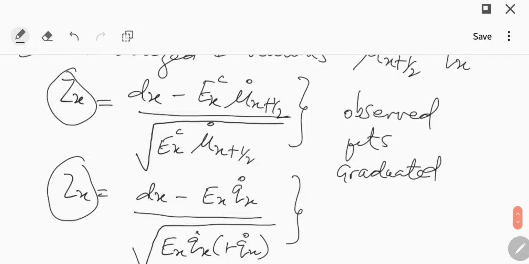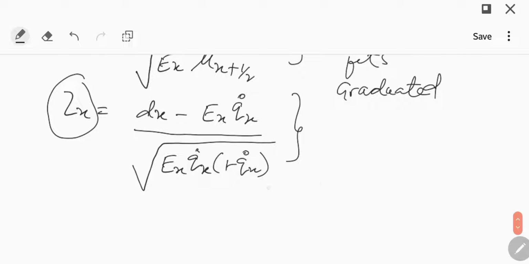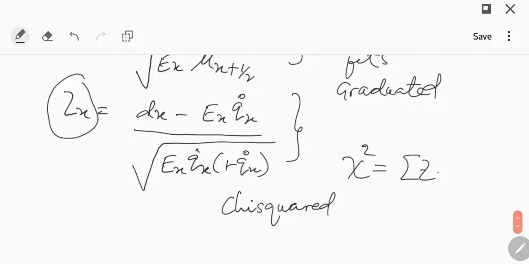I'm using a chi-square test to test if my actual data is fitting the graduated rates. I'm defining the chi-square as the summation of the z_x squared. Whatever I get here, I'm comparing it with the chi-square distribution.